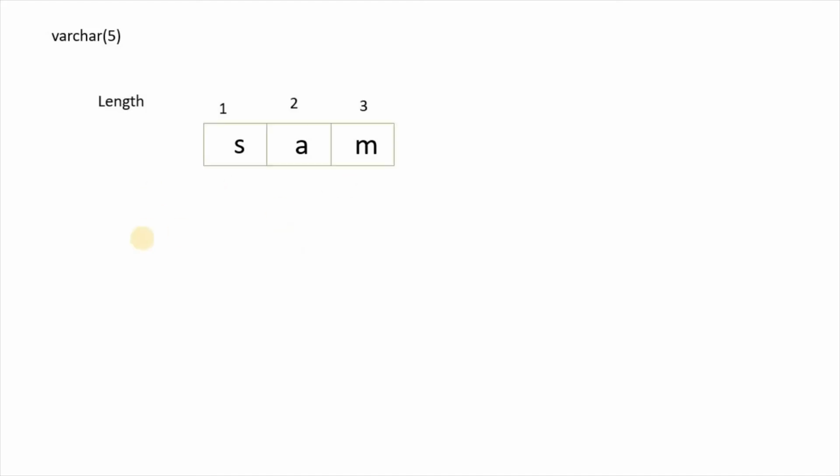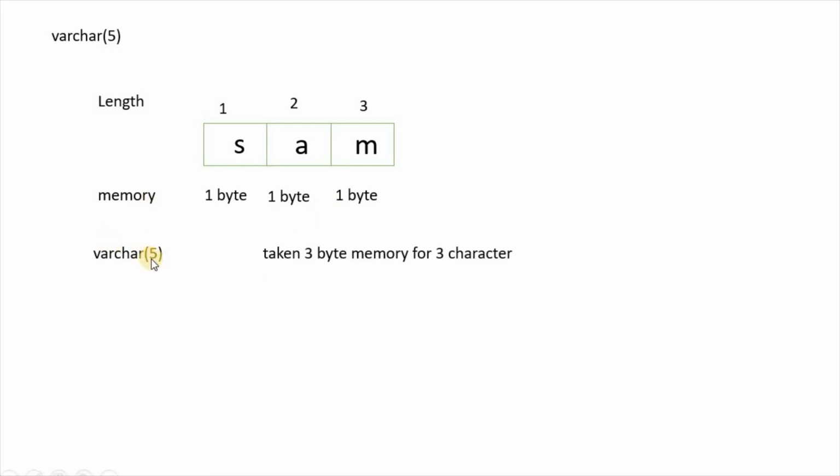According to that, it allocates memory of 1 byte for s, 1 byte for a, 1 byte for m, and there is no wastage of memory, because it does not take any extra space like the char data type. So when there is varchar 5, the size is 5, and it takes 3 bytes of memory for 3 characters.